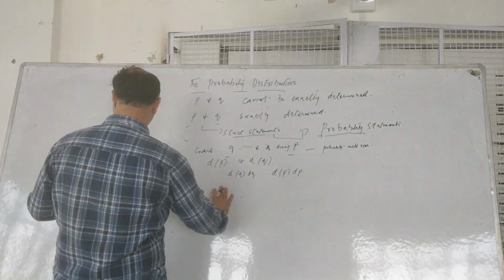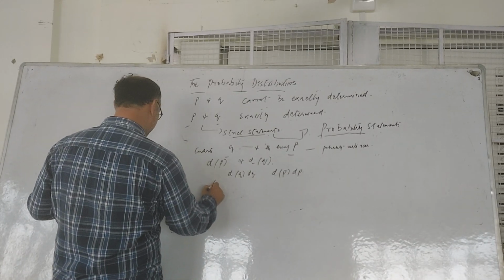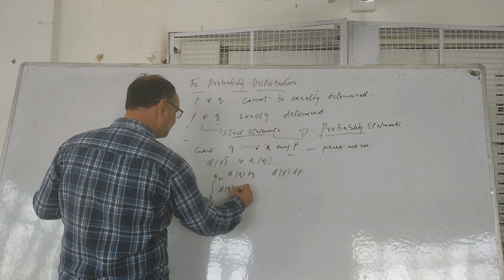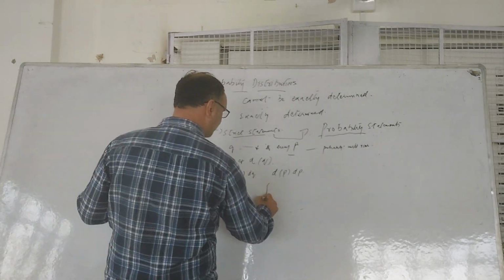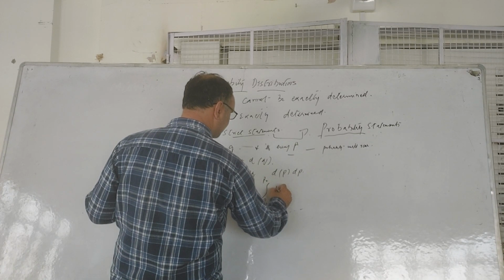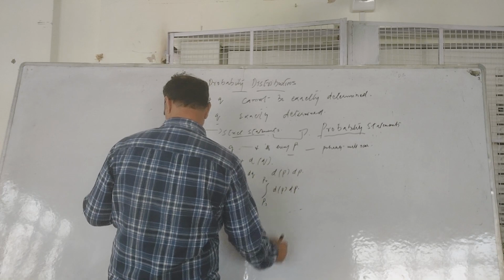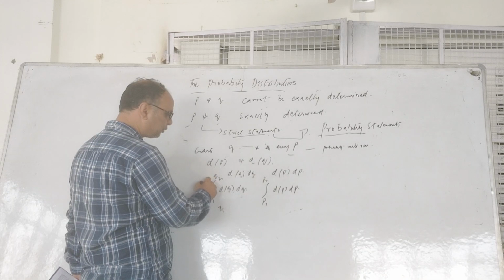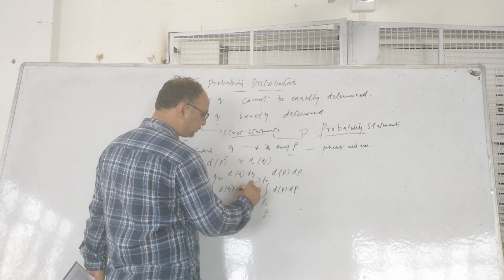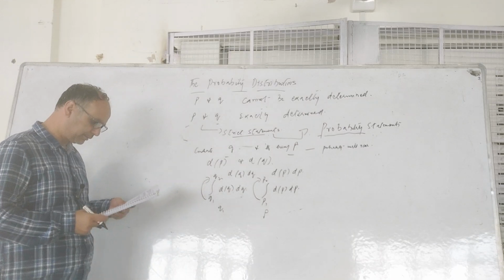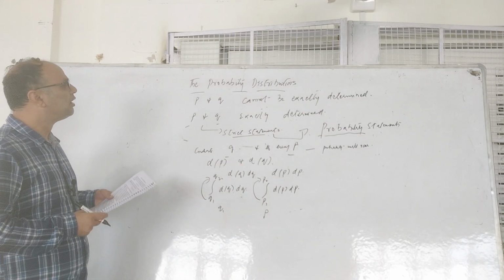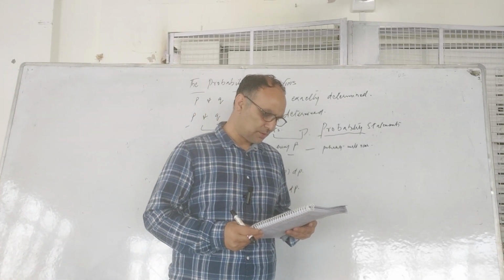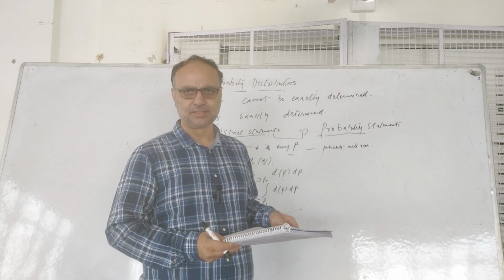The probability densities may range for q from q1 to q2, and for momentum from p1 to p2. So probability measurements are basically meant to be a set of measurements and not individual measurements.